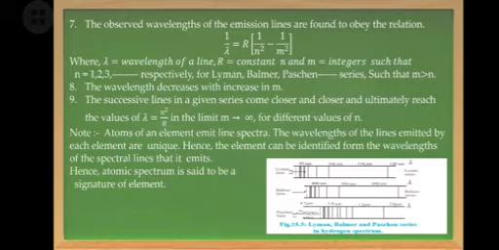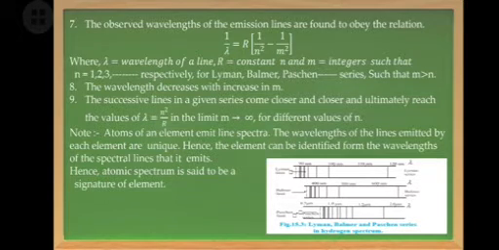Now one important thing: atoms of an element emit line spectrum. The wavelengths of the lines emitted by each element are unique. Hence, the element can be identified from the wavelengths of the spectral lines that it emits.